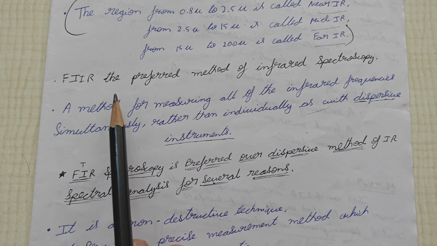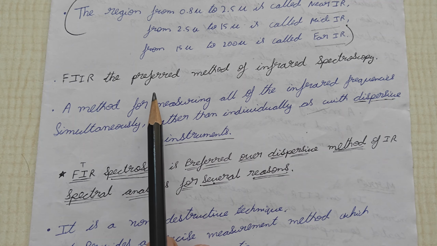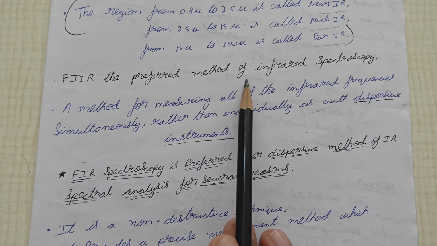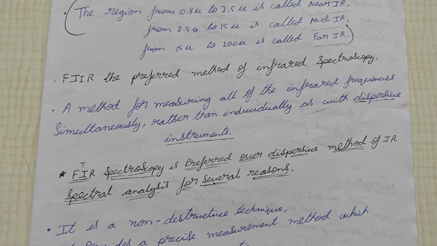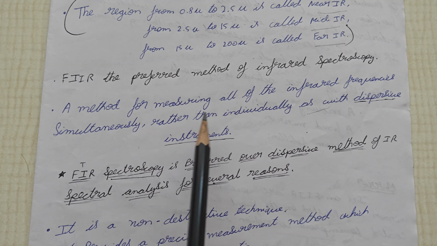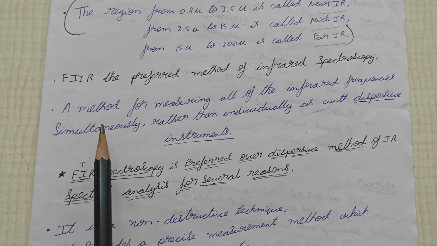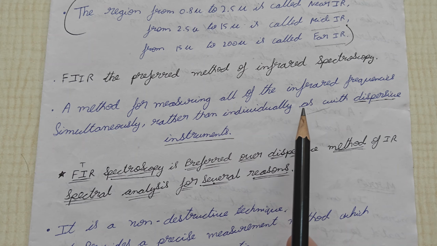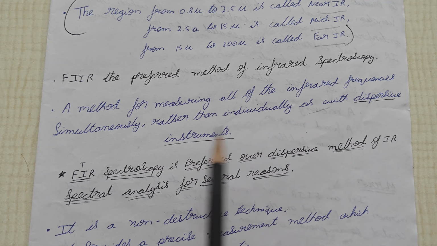FTIR, Fourier transform infrared, is the preferred method of infrared spectroscopy. FTIR is more preferred than the normal IR instrumentation. It is a method of measuring all the infrared frequencies simultaneously rather than individually as with dispersive instruments.